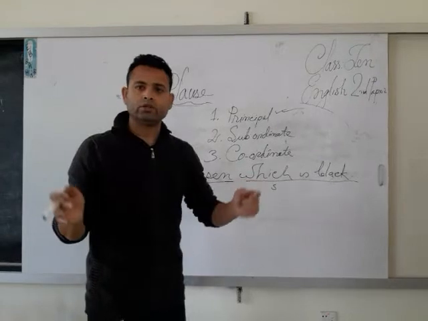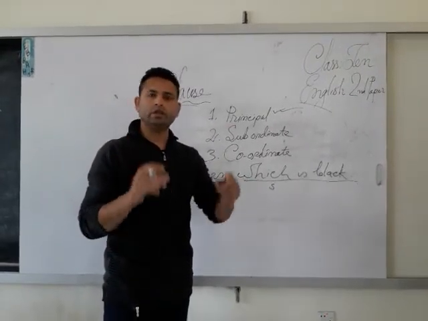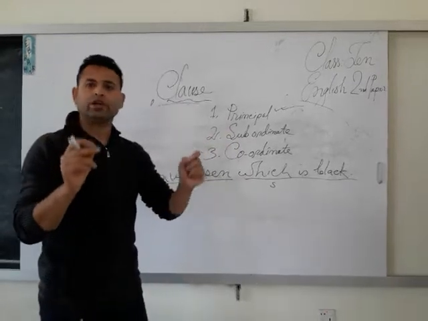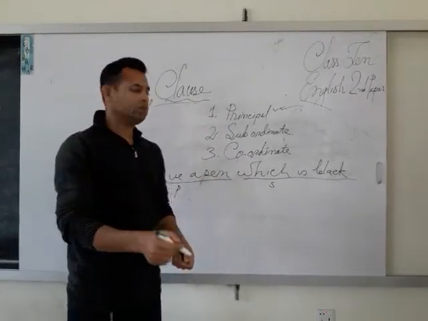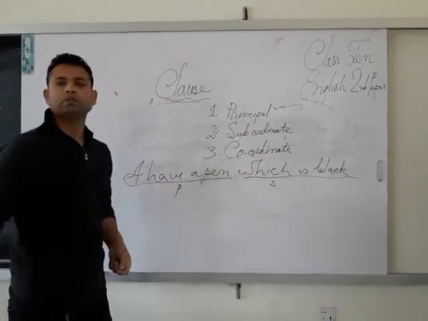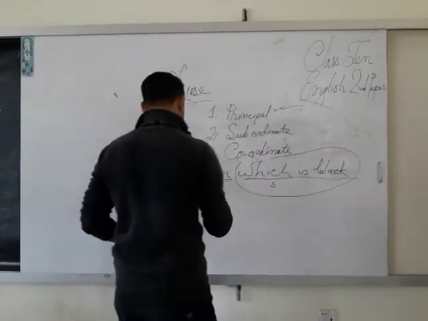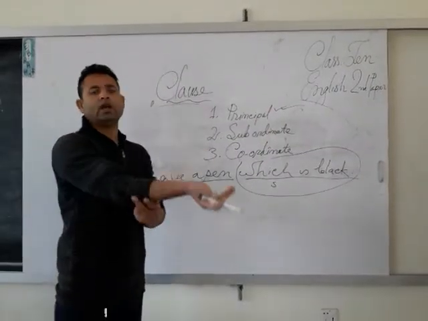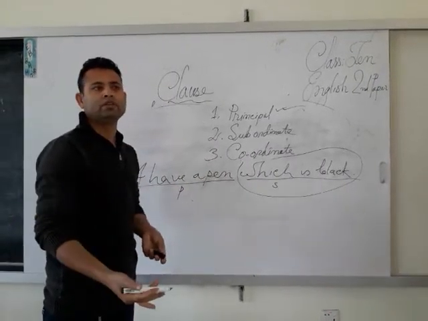And the subordinate clause is a clause that cannot express its meaning by itself. It needs the help of the principal clause. If we separate "which is black" from this part, it is totally unable to give a clear conception, to give clear meaning.